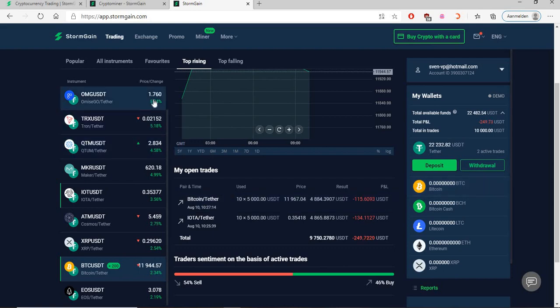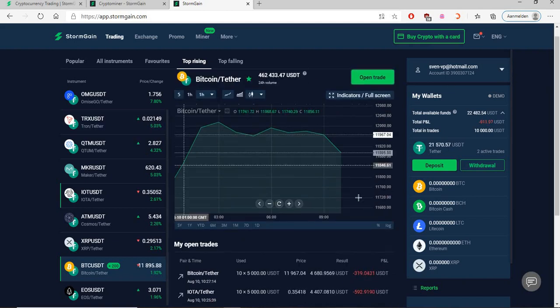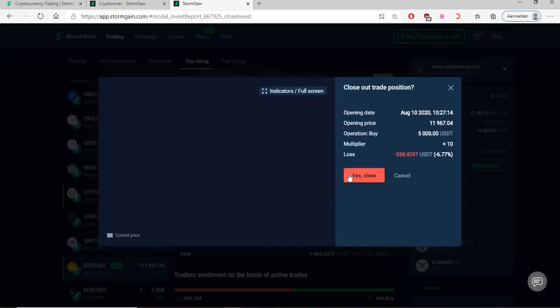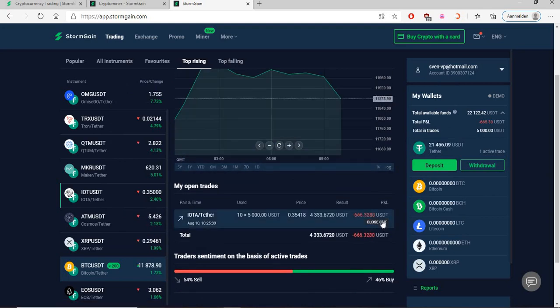As for now, you can see that almost every currency pair is actually dropping in currency rate. So this is maybe a lesser moment of the market, because the market is very volatile. But as you can see, it's dropping drastically. So to prevent any more loss, I'm going to close out the tabs. Maybe at another moment I'm going to have more luck.